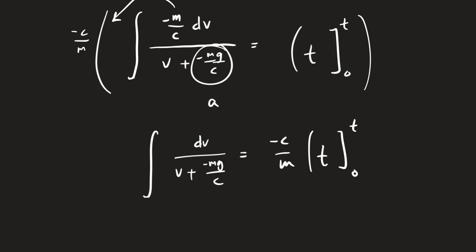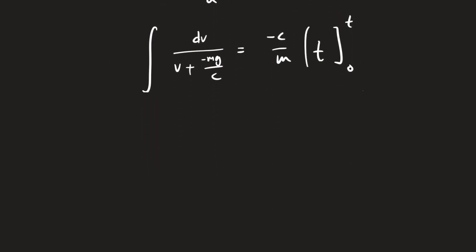Now, all I have to do is apply the... So I'm going to just go to the next line where I write the natural log of v plus negative mg over c, evaluated from 0 to v.